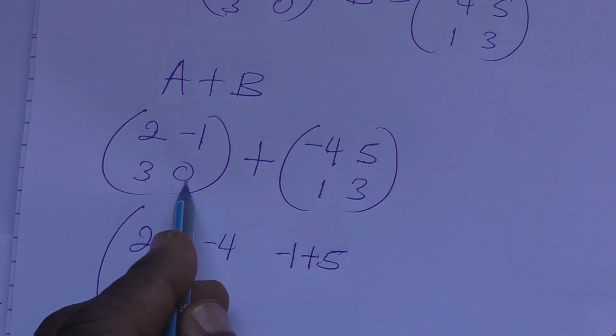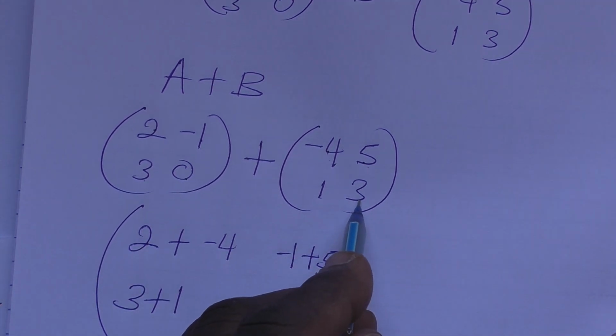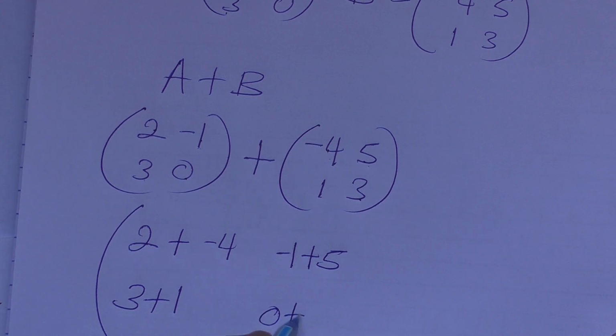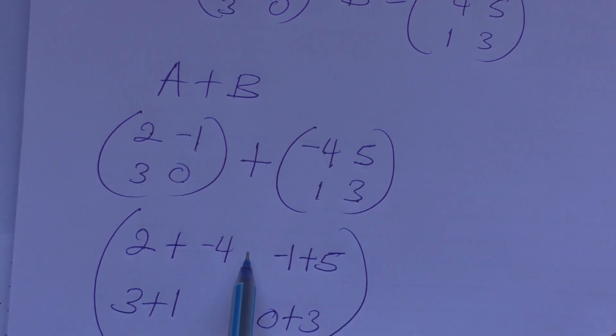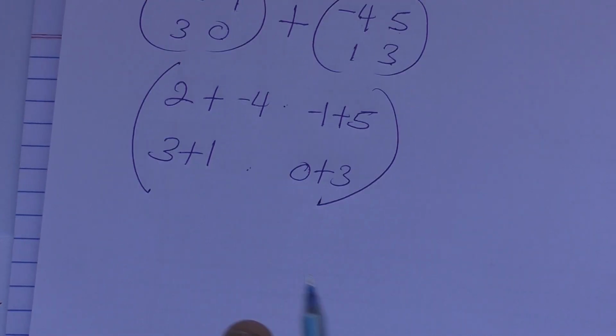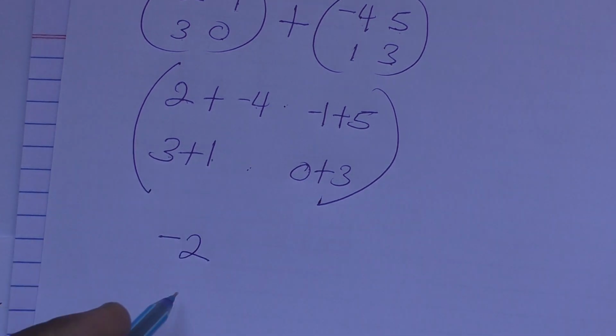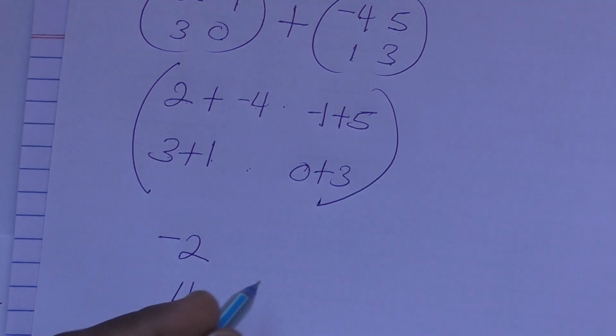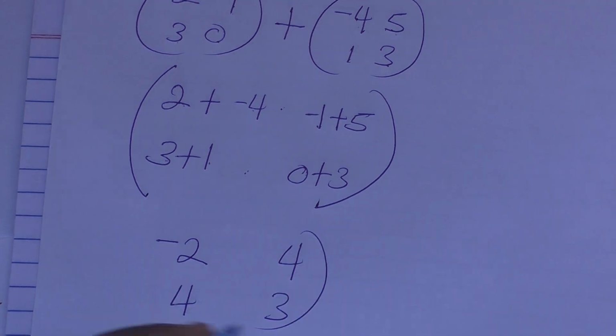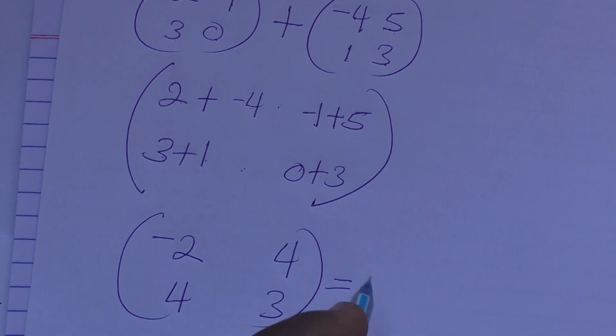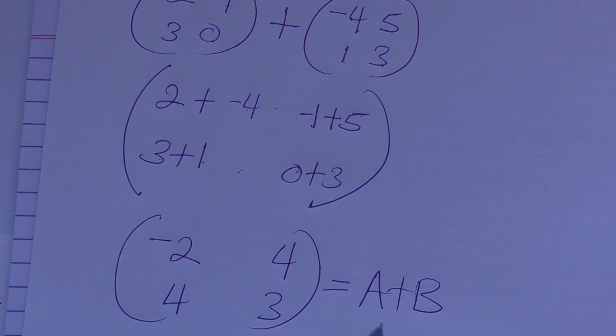And 0 is in the same position with 3, so we add 0 plus 3. And now we must leave spaces to maintain the positions. So that gives us -2, this gives us 4, this gives us 4, this gives us 3. So this is our matrix of A plus B. That is how we add.